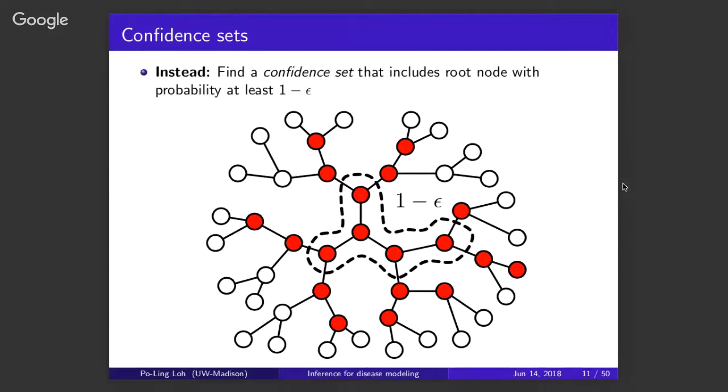Another thing is I've drawn it in such a way that the nodes that we pick out to be in our set are all connected to each other. However, this doesn't have to be the case if we're just trying to pick out some set of probable nodes. As it turns out, the estimators that I'll describe do in fact give you a contiguous subset of nodes.